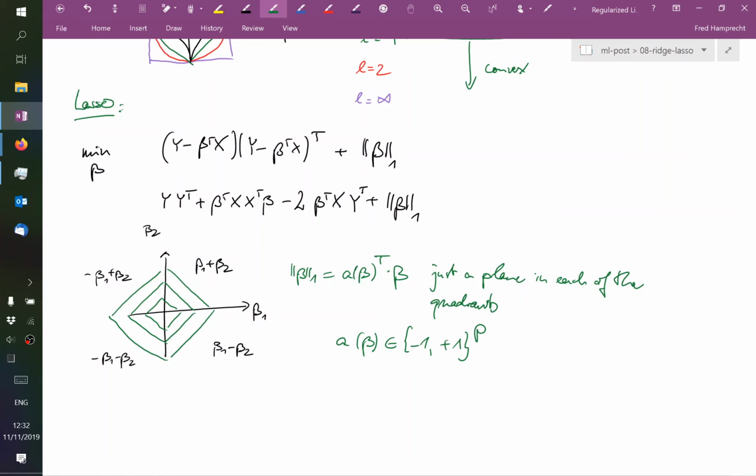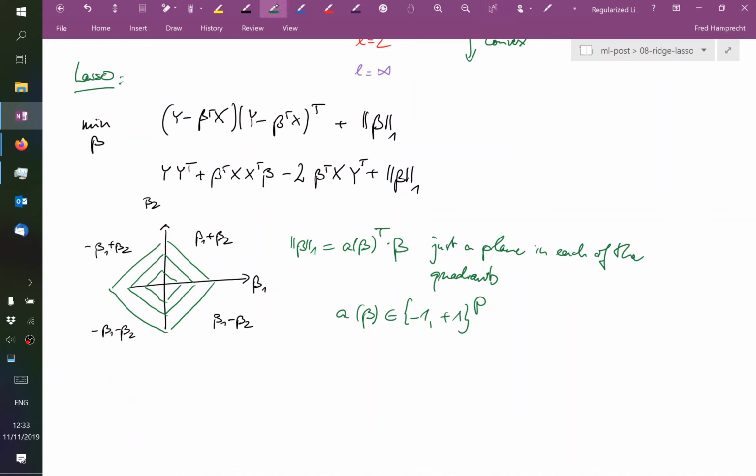So in other words, I could also replace this thing by writing plus A transpose beta, with a small dependence on beta to say that this depends on which quadrant we are in. What I try to highlight with this form is that in each of the quadrants, my sum of squares plus this regularizer is still just a parabola.